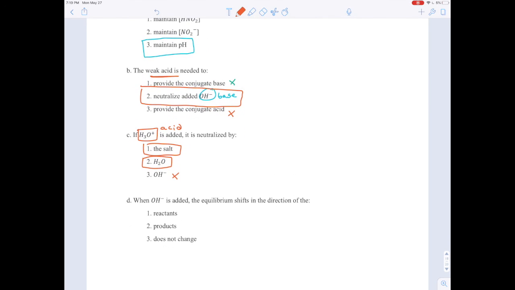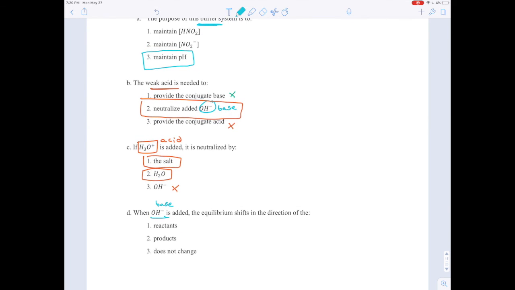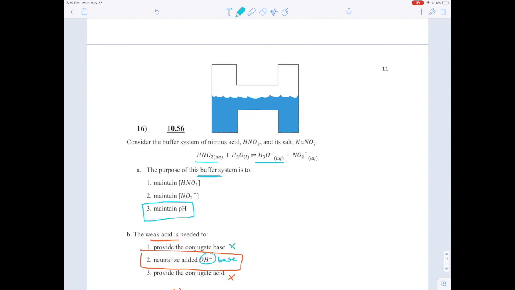D, it says when OH- is added, so here we're adding what? A base. What direction does the equilibrium shift in? Now there's no OH- in this whole equation, but what would the OH- react with? The OH- would react with the acid, and it would take it out of solution.